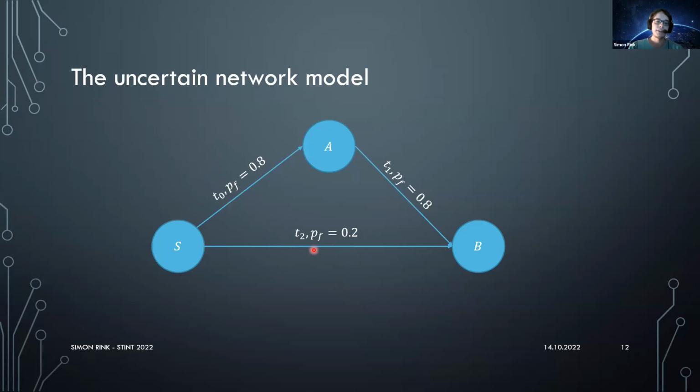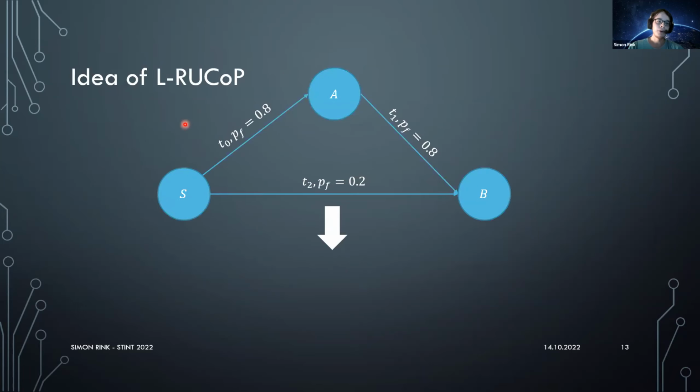Further, we have a timestamp assigned to each contact, which models the time interval during which a contact is active, but contrary to OCGR, those intervals are not allowed to overlap and are thus distinct. And RUCOP itself is more like an upper bound algorithmic idea, which is then actually implemented in LRUCOP, which has the goal of finding the safest routes possible in a network.